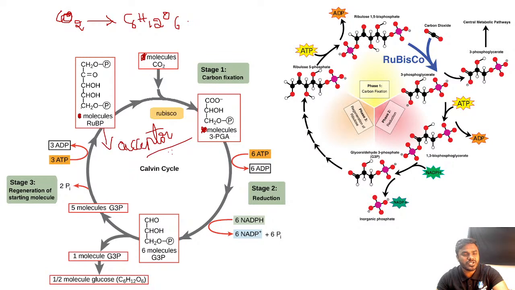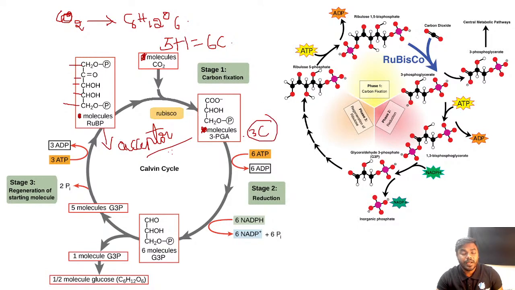Friends, everyone pay utmost attention. RuBP has how many carbons? 1, 2, 3, 4, 5 carbons. So 5-carbon RuBP accepts 1 carbon. So 5 plus 1 will become how many carbons? 6 carbons. But here comes the point. In the Calvin cycle, the stable product and intermediate product has how many carbons? 3 carbons.